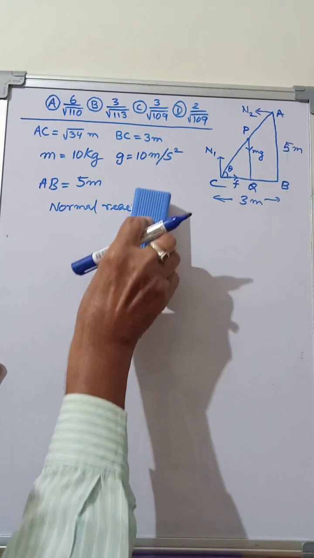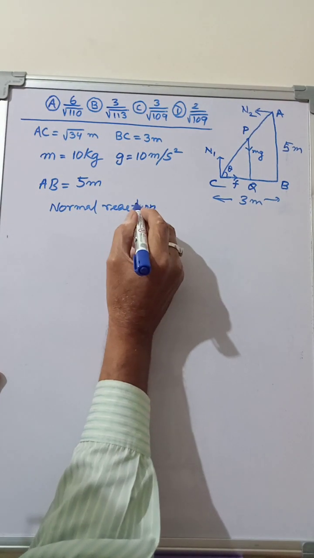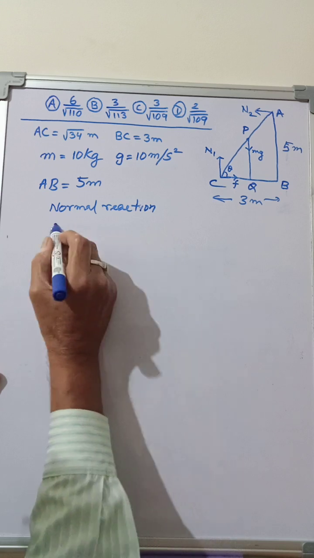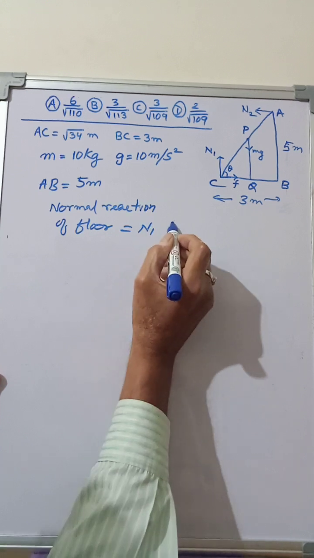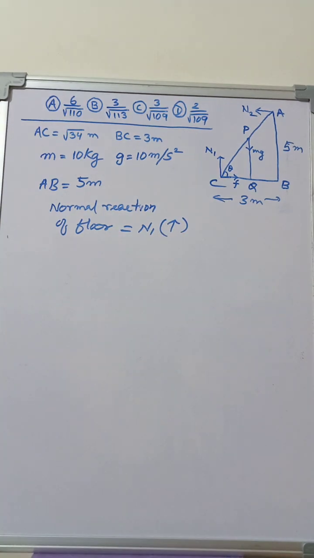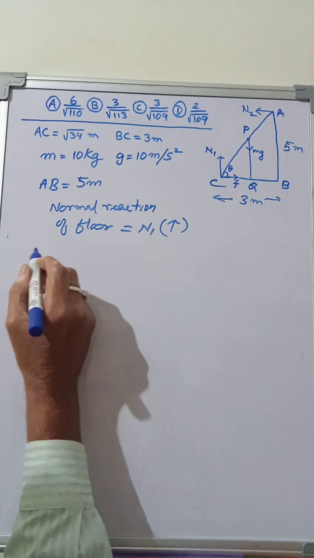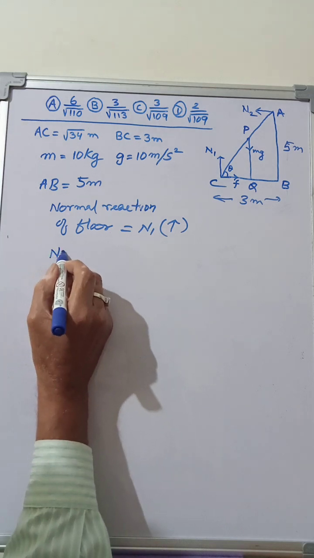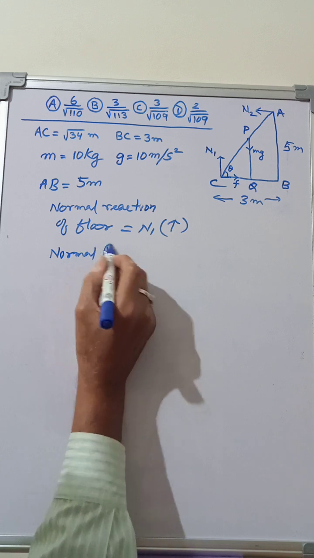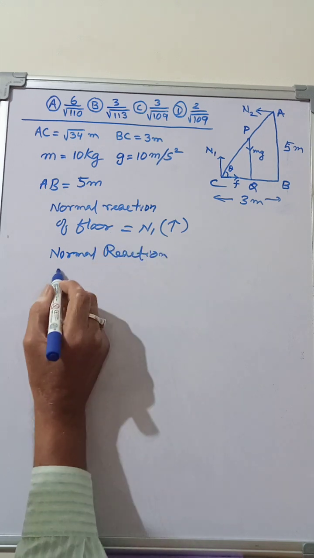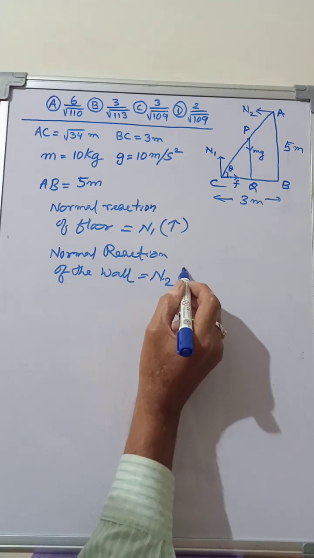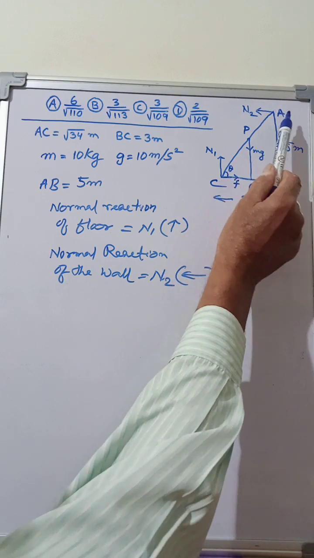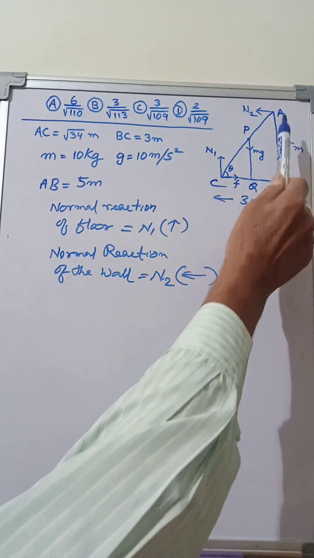And the normal reaction of the wall is equal to N2, which is acting towards left here. N2 is the reaction of the wall on the ladder.